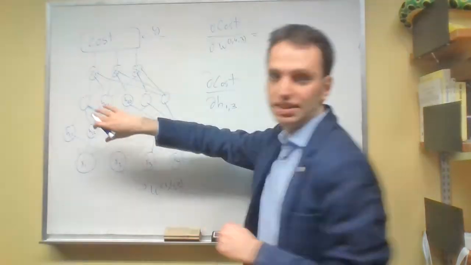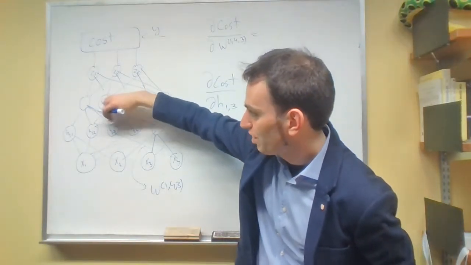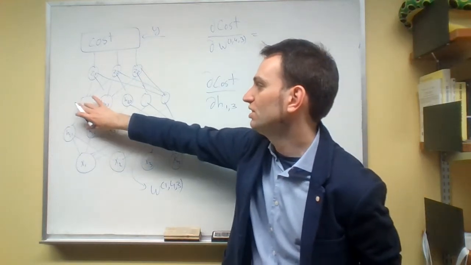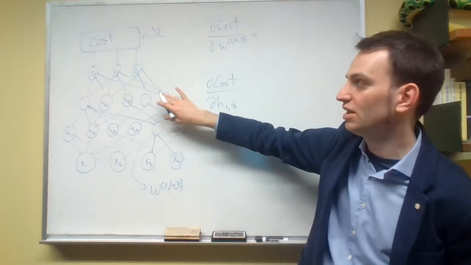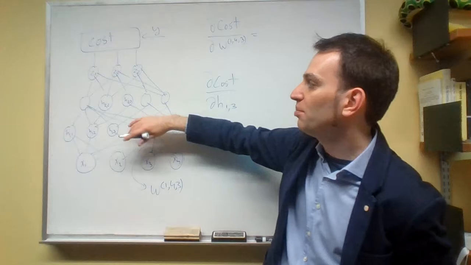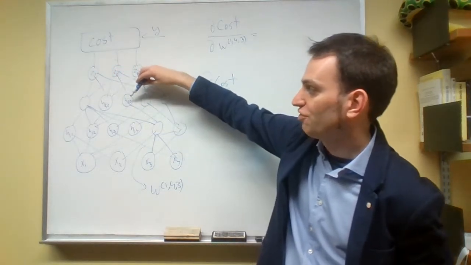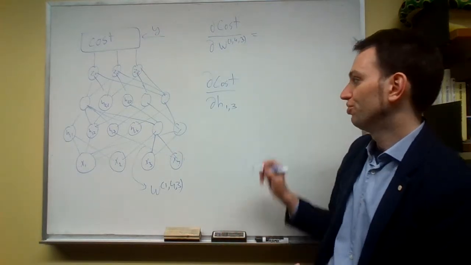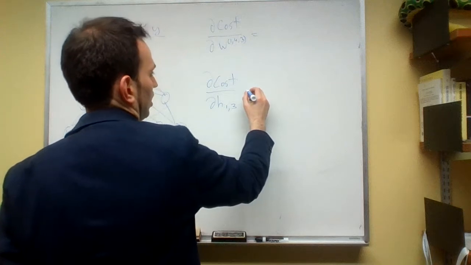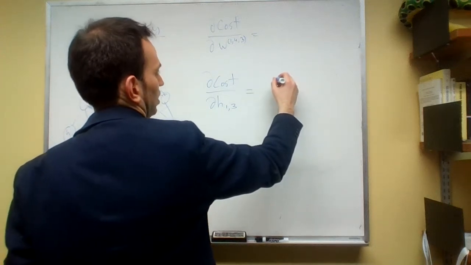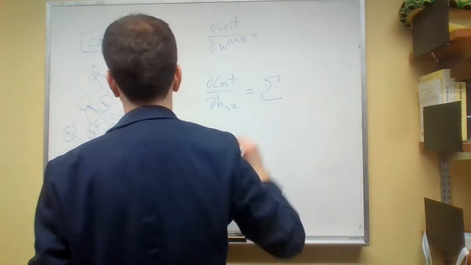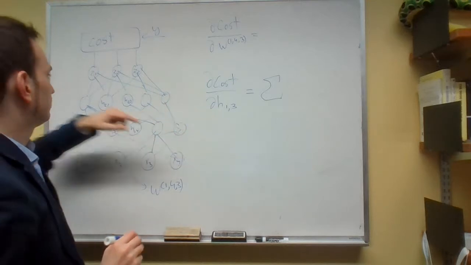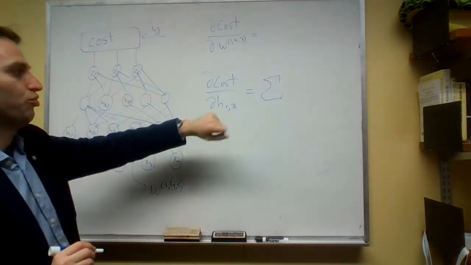This says, if I change h13 a little bit, how is the cost going to change? Well, changing h13 changes this unit and this unit and this unit and this unit and this unit. So we need to sum up the effects of changing this guy and this guy and this guy and so on on the cost. That's exactly the multivariate chain rule. So the cost by dh13 would be the sum over the effects on all of those times the derivative of each of those by h13.